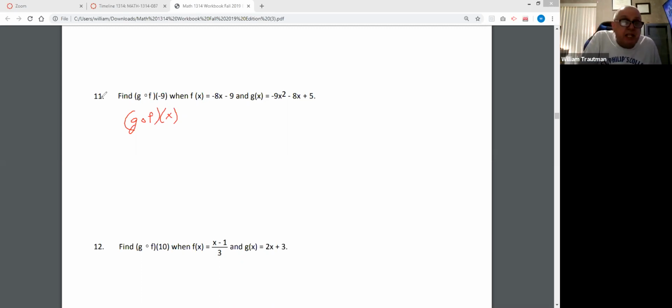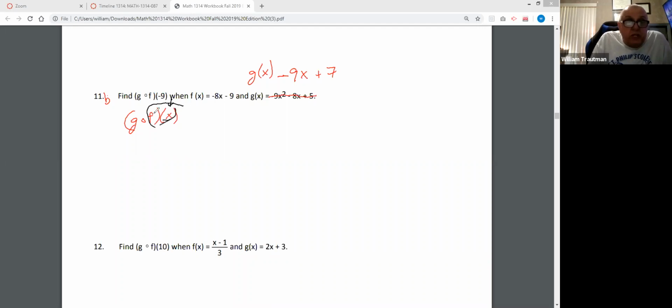So this is 11b. I'm going to change g to negative 9x plus 7. So this is a second g. This is a second number 11, 11b. So if we don't have a number in here, that's okay.